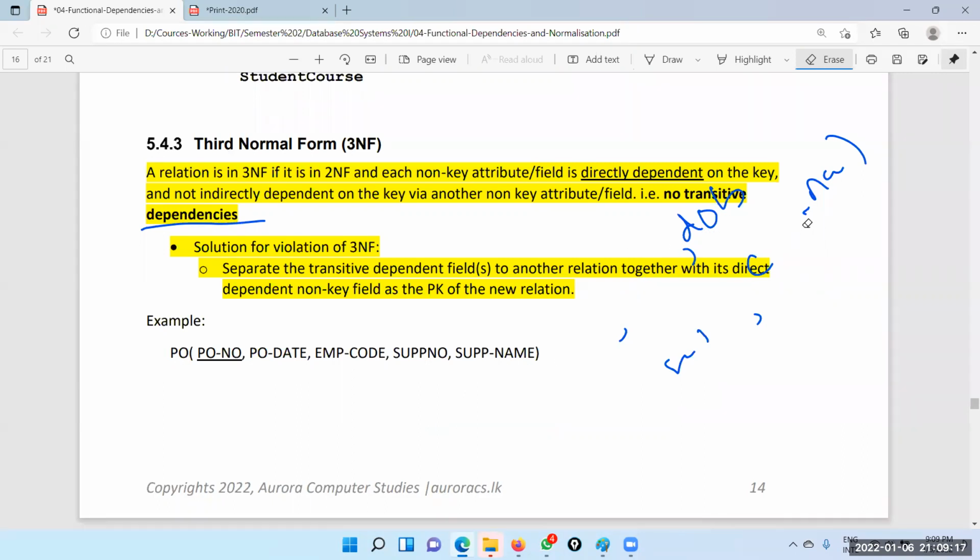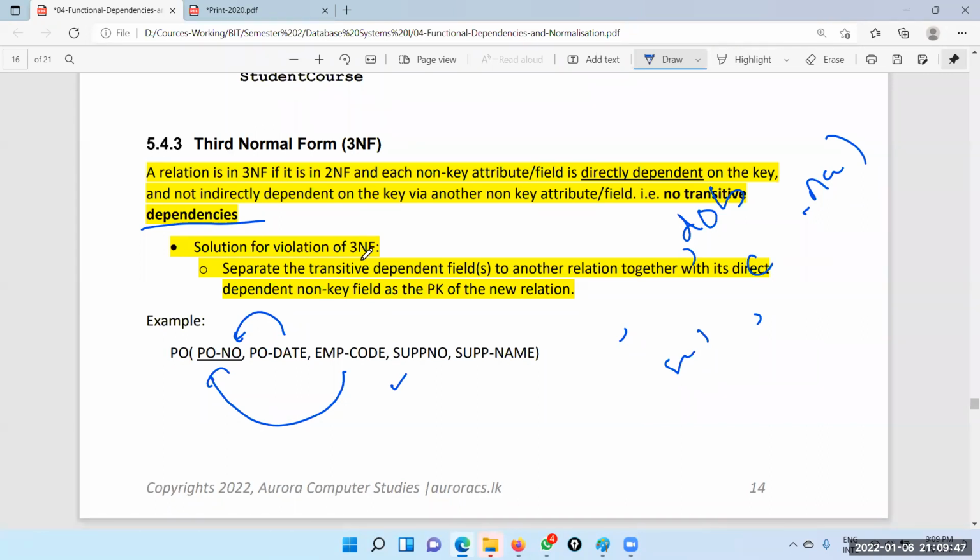So this is a purchase order. So the purchase order number is the primary key. Purchase order date is fine. Okay. Do you need employee code? Maybe the employee who entered that purchase order. Supplier number. Needed, right? When you are having a purchase order, you must know who is the supplier. Yes. What about supplier name?